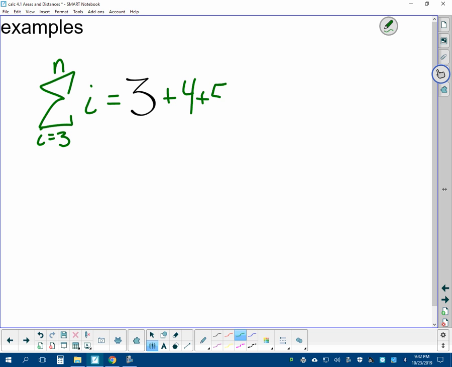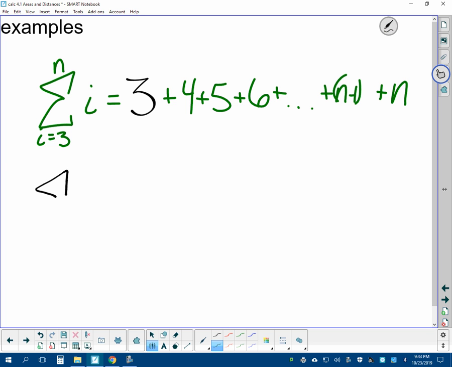And then I'd plug 5 in, I'd get 5. I'd plug 6 in, I'd get 6. Where am I going to stop? Well, I have to go to n. So this is one of the ones where I'm going to put plus dot dot dot all the way until I get to n. And it's common to then also put an n minus 1, whatever came before that, because we don't know what n is. n could be 12, it could be 7, it could be 4 for all we know. So we just write it this way.